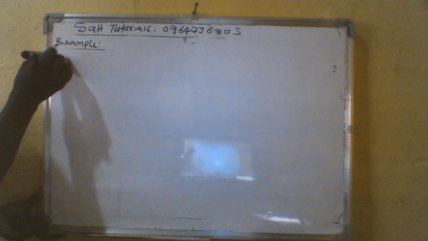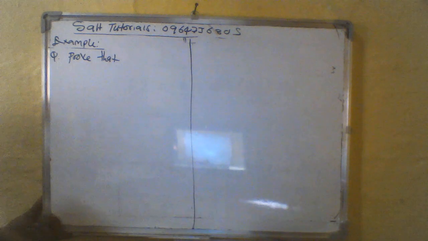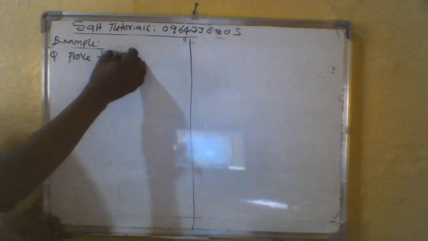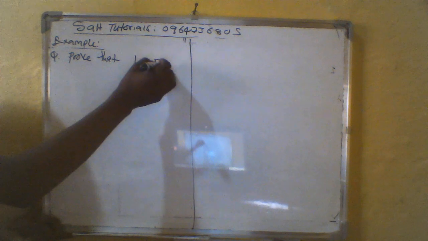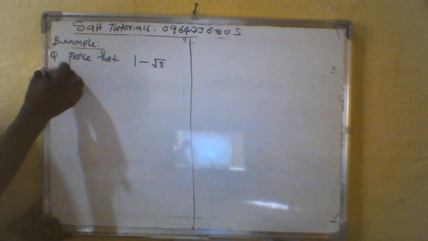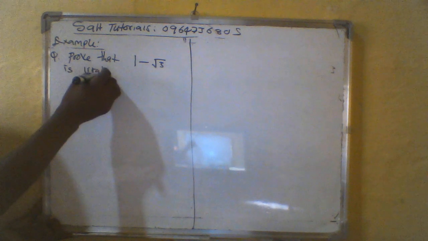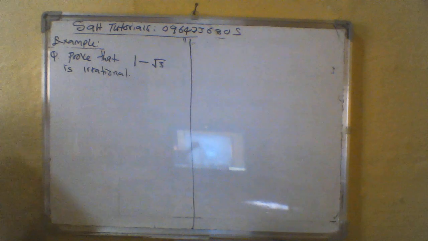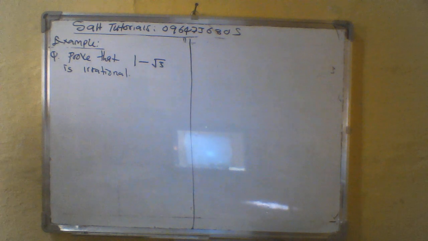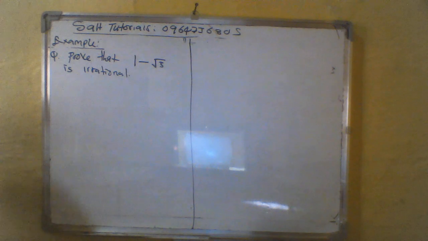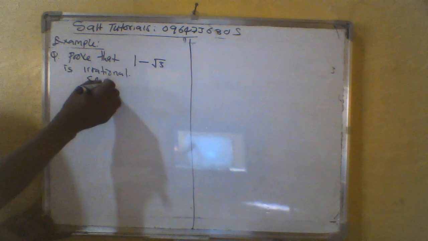This time we're trying to prove something a little bit twisted but known: prove that 1 minus root 3 is irrational. This is a little bit combined. How do I prove that 1 minus root 3 is irrational? Same process, same steps, same procedure.